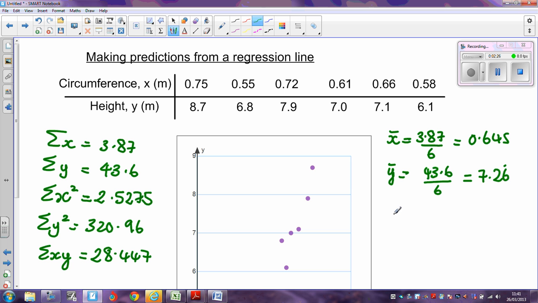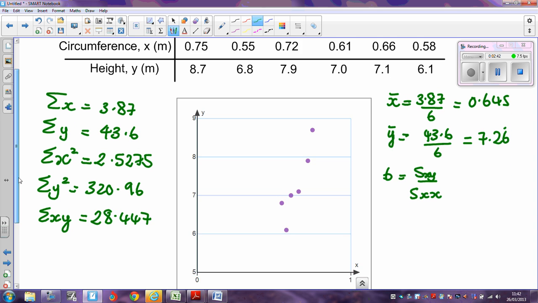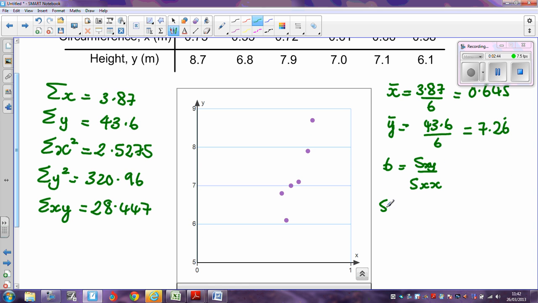Okay, so first thing I need to work out then is b, and I know that b is equal to sxy divided by sxx. So I need to work out both of those. First of all, sxy.